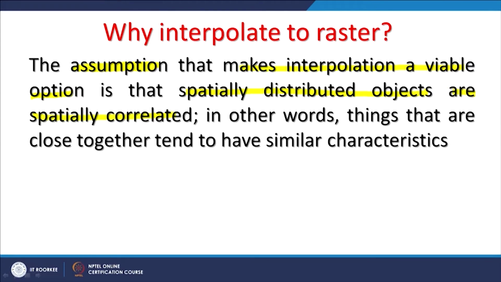That is Tobler's concept, in other words, things that are close together tend to have similar characteristics, and this is what is exploited in spatial interpolation. But when we go for extrapolation, beyond a certain extent of the point input data we do not have any observation. Extrapolation is always less reliable as compared to interpolation, but sometimes we have to resort to extrapolation as well. Now, there are complications.